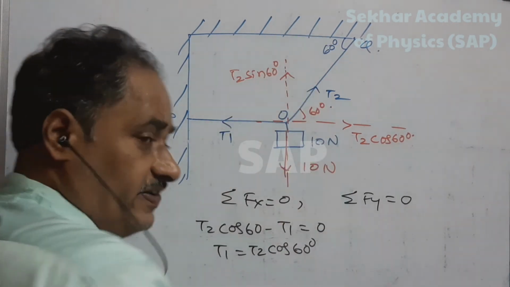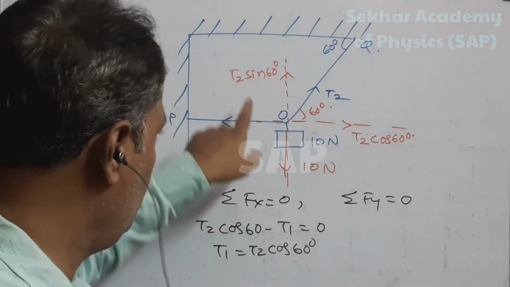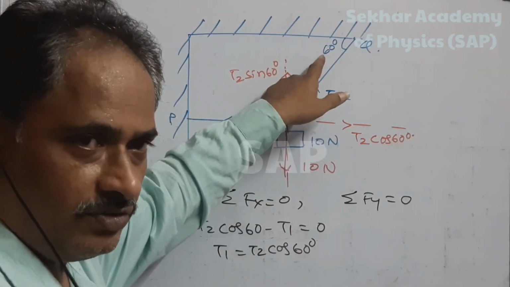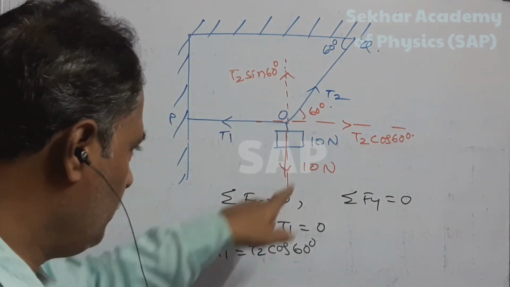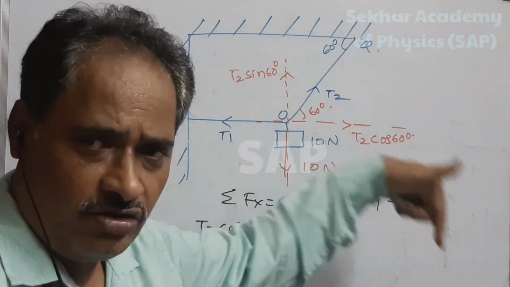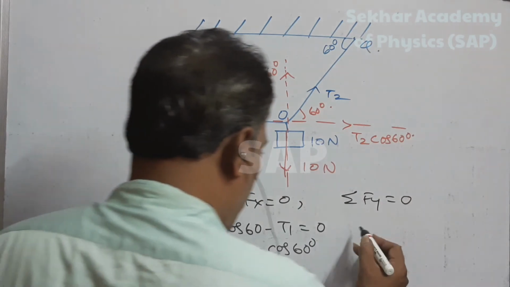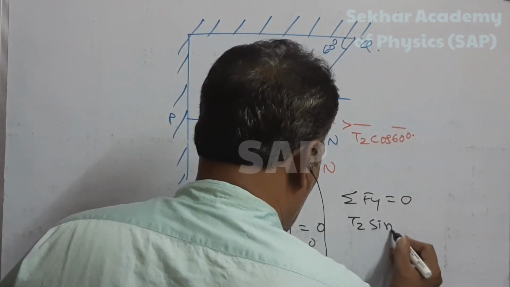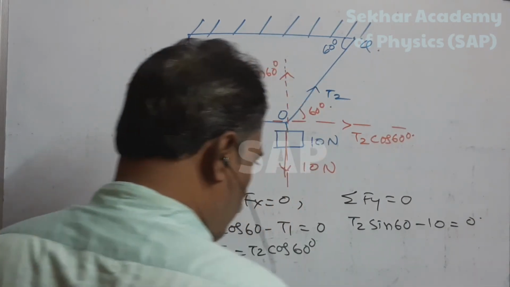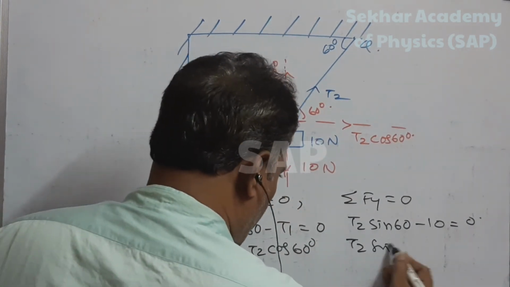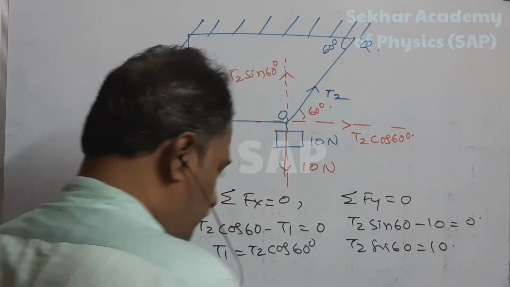Similarly, along the y direction, T2 sin 60 vertical is acting along positive y, 10 Newton is acting along negative y. Therefore, T2 sin 60 minus 10 Newton equals 0, so T2 sin 60 equals 10.